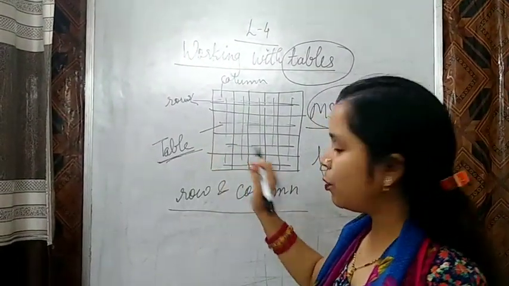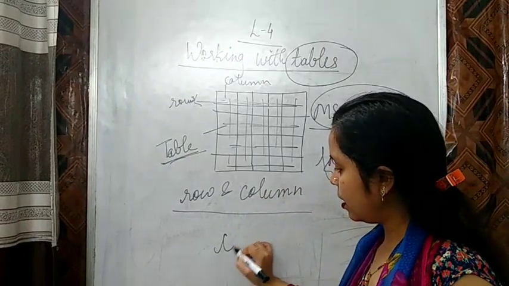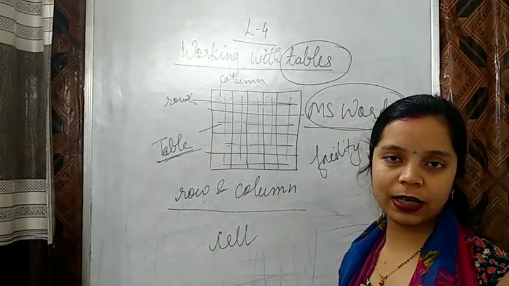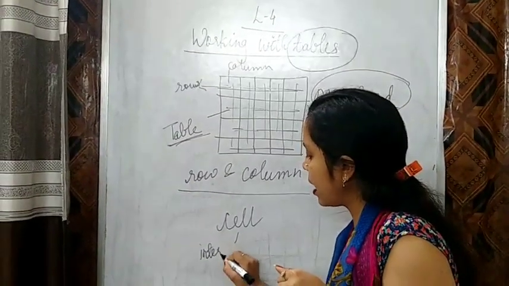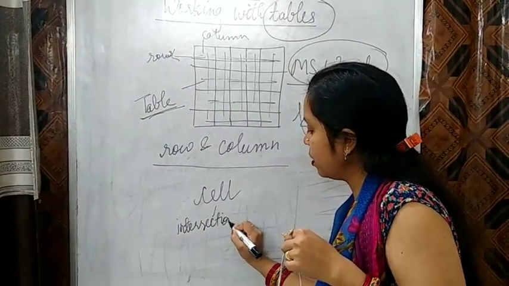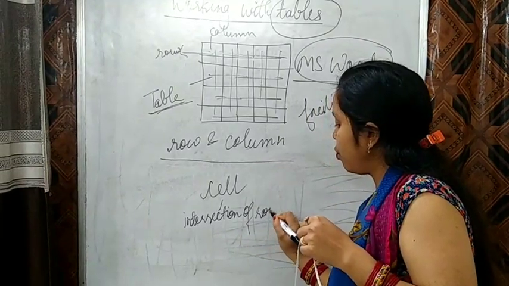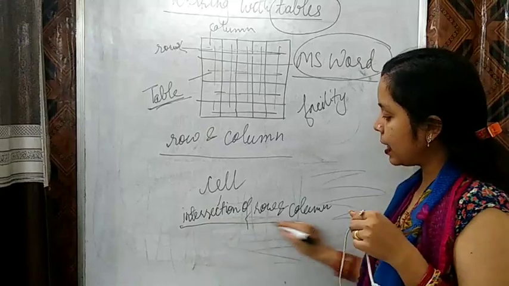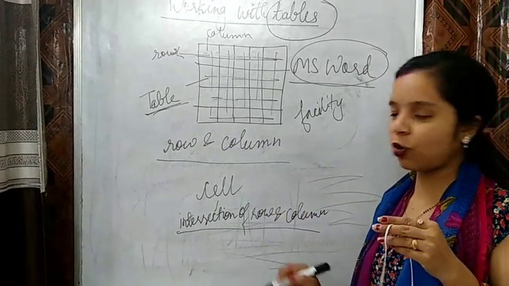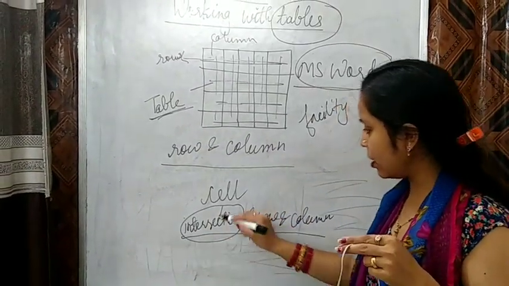Now in table, one more thing is there, cell. Now what is cell? Cell is the intersection of row and column. Now what is intersection?